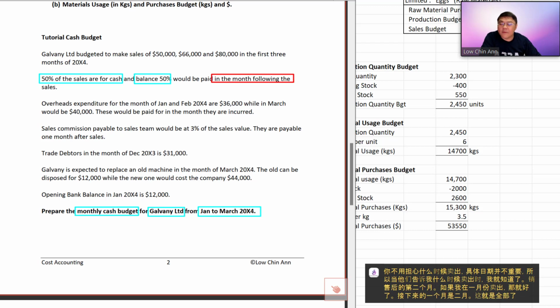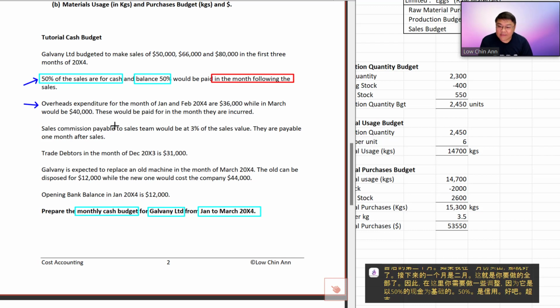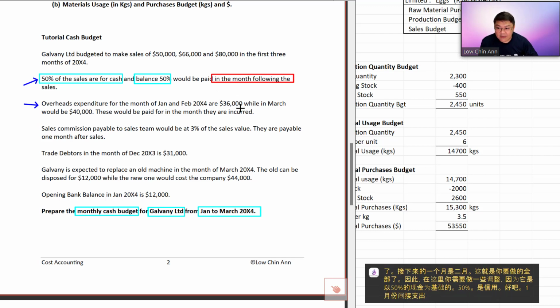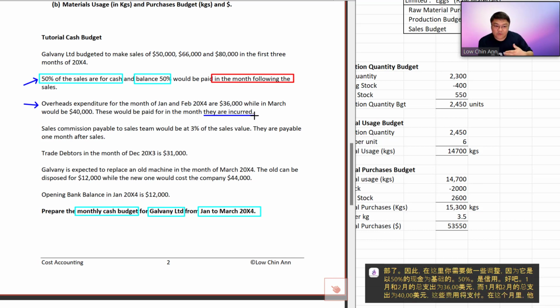There will be a little bit of adjustment that you have to do here, because it's based on 50% cash, 50% credit. Overhead expenditure for the month of January and February 20X4 is 36,000, while in the month of March it would be 40,000, and these would be paid in the month they are incurred. So the moment you spend the money, you make payment, no credit.